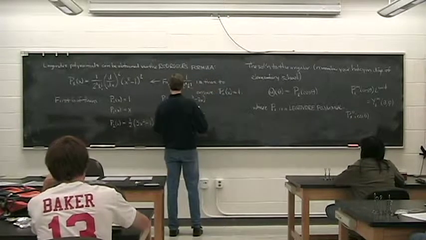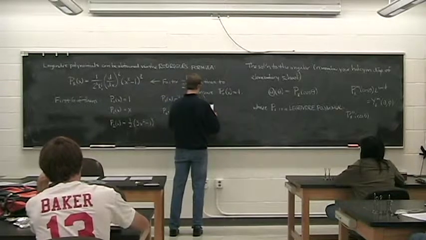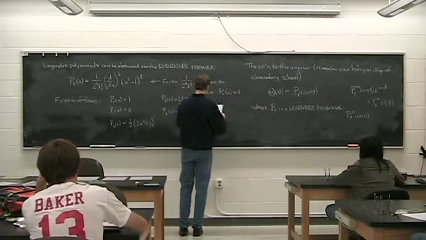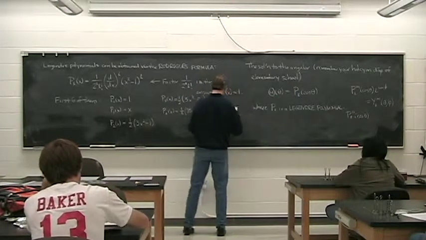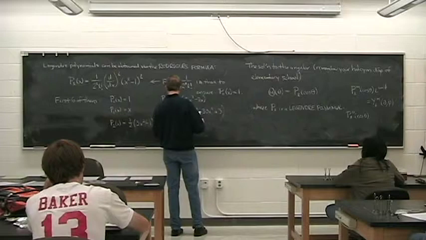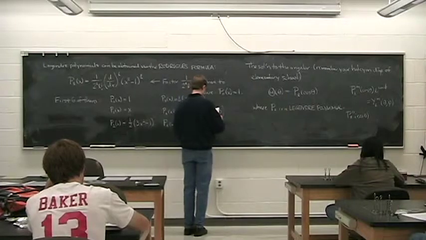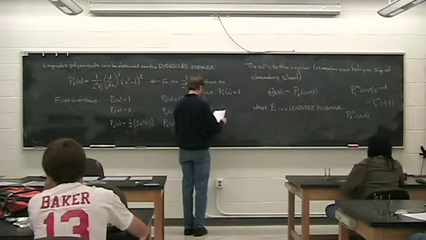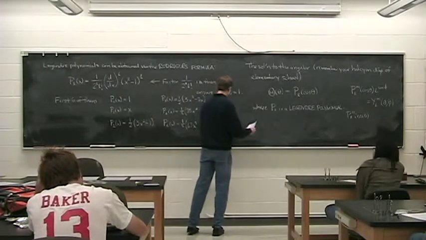And P4 of x is 1/8 of 35x to the 4th minus 30x squared plus 3. And P5 of x is 1/8 of 63x to the 5th minus 70x cubed plus 15x.